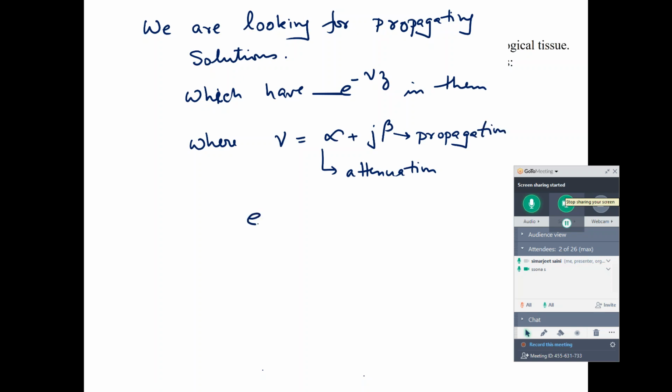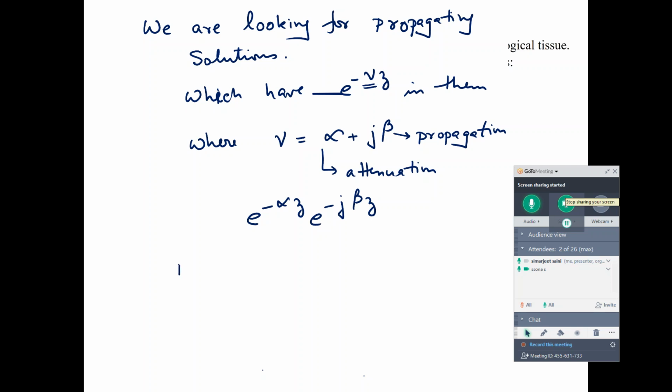So we're looking for solutions which have the form e to the minus alpha z, e to the minus j beta z. Just so that we don't have to write the whole thing, we're going to call a term gamma. We're going to represent it by a gamma, and then we will substitute later where we want to.